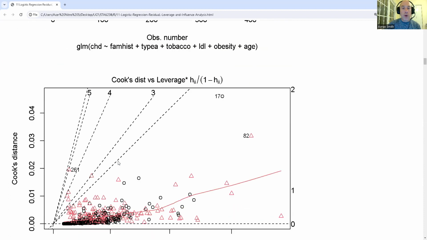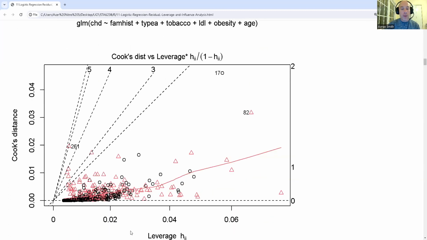All right, now the next one is that we're going to look at leverage on the x-axis and Cook's distance on the vertical axis. Remember that leverage doesn't take into consideration the target variable. It only considers the predictor variables. And here, I have no distribution assumptions about these.